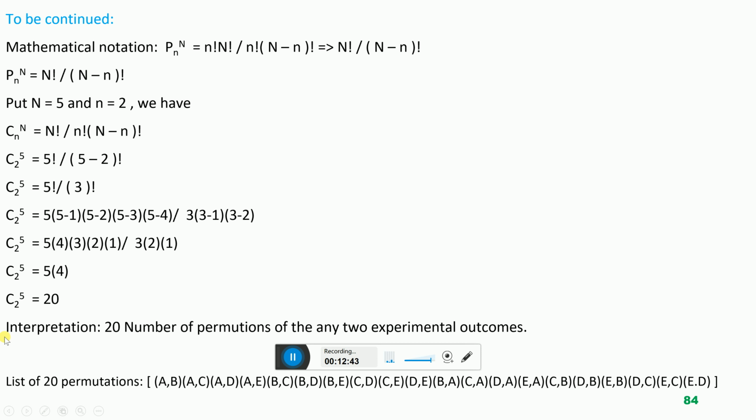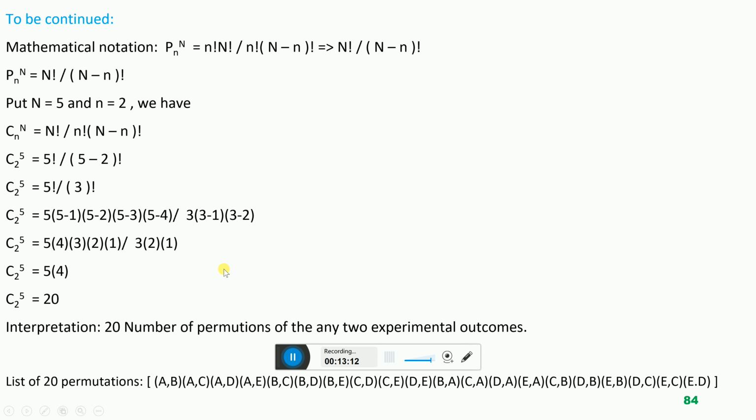So let's list the 20 permutations. I'm again repeating, dear students, this is a mistake. This is P n, not C. Replace this C with P. This is permutation. Now the list of 20 permutations.